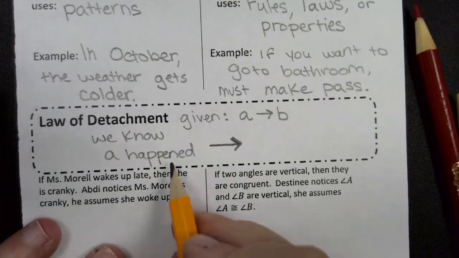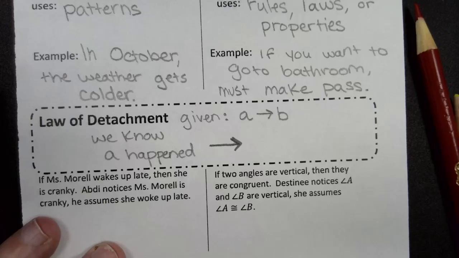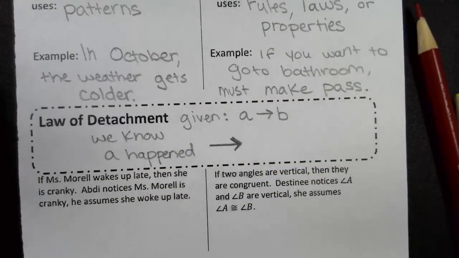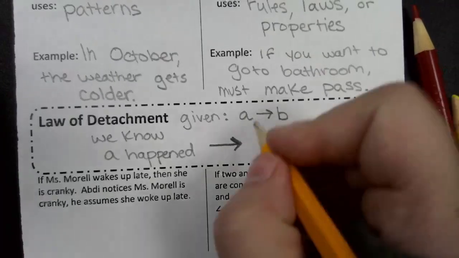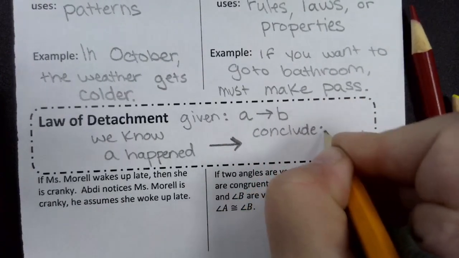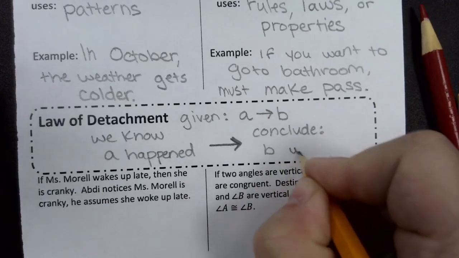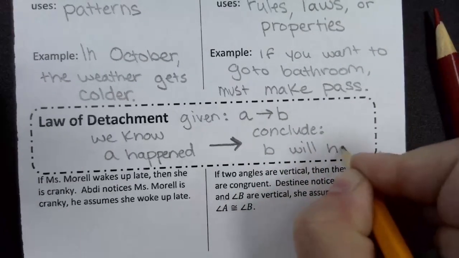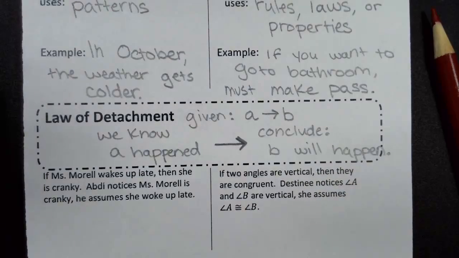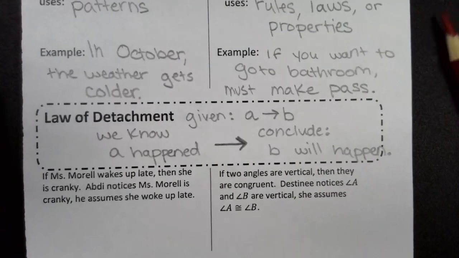Exactly. All right, if we know A happened, that tells us that we know that B will happen. Okay, we can conclude that B will happen. It might not have happened yet, but it will happen following that A. So I'm going to use yellow and blue for this one.